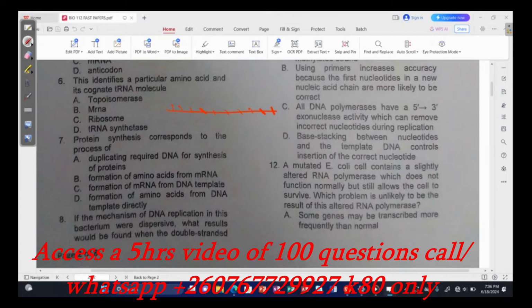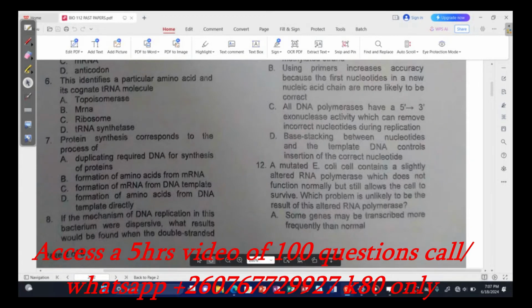The first three will specify a particular amino acid that is going to be picked by tRNA. Another set of three, just like that. Later on, these are going to be joined to form a polypeptide chain. So that's what the process of protein synthesis corresponds to.